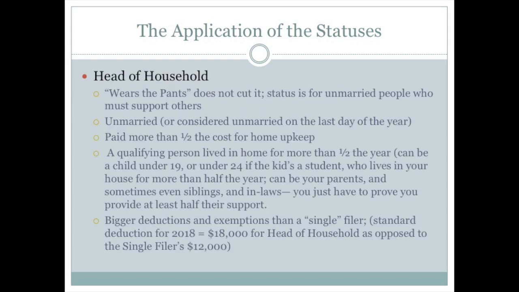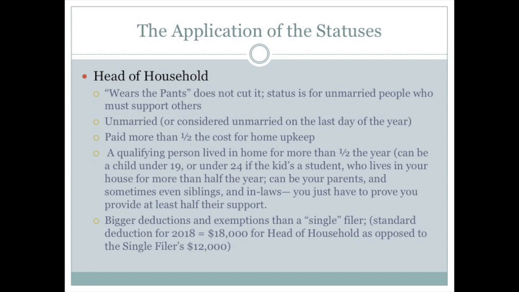The head of household filing status is commonly misconceived as simply being the person who wears the pants in the family. However, this status is for unmarried people, or people considered unmarried on the last day of the taxable year, who have paid more than one half of the cost of home upkeep and support a qualifying person who has lived in the home for more than half the year.